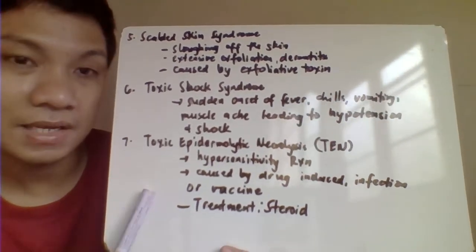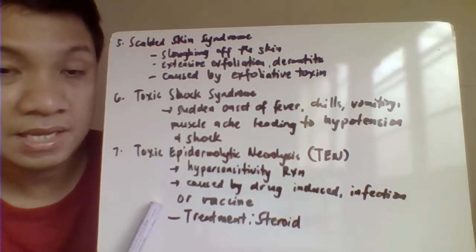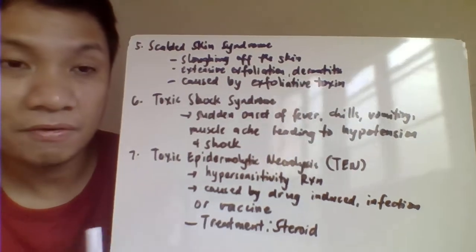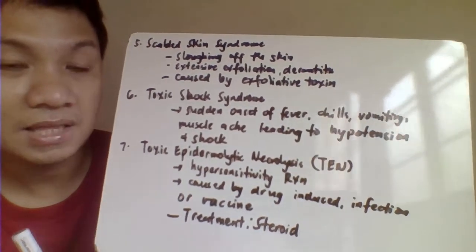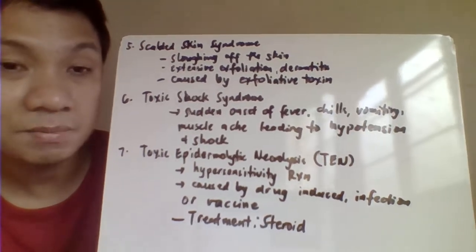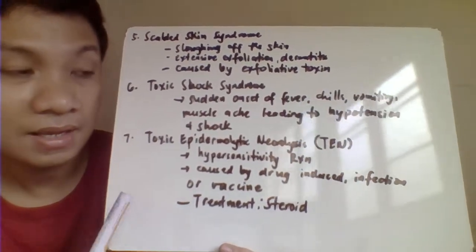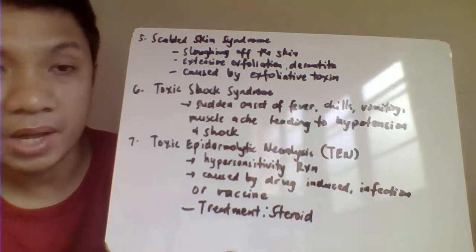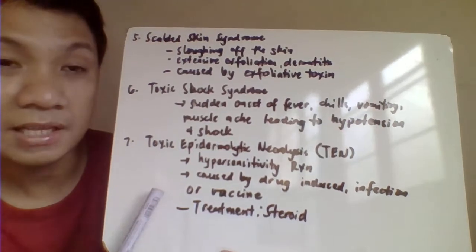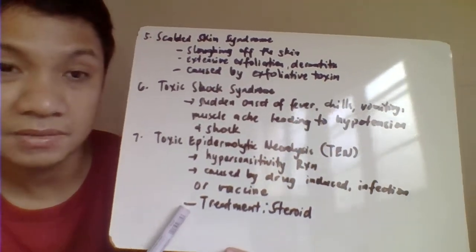Again, your toxic epidermal necrolysis resembles your scalded skin syndrome, but you need to carefully differentiate whether it is really toxic epidermal necrolysis or scalded skin syndrome, basically because the two differ in treatment. Toxic epidermal necrolysis is eventually treated by steroid administration.